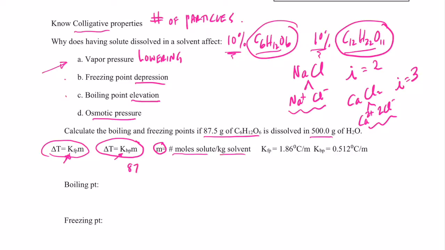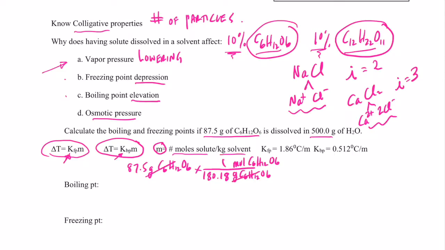We have 87.5 grams of C6H12O6, and we'll need to convert that to moles. So I'll hop out of grams of C6H12O6 and get into moles of C6H12O6. And 1 mole of glucose would be the weight of 6 carbons, 12 hydrogens, and 6 oxygens. And I did that earlier. That's 180.18 grams per mole.